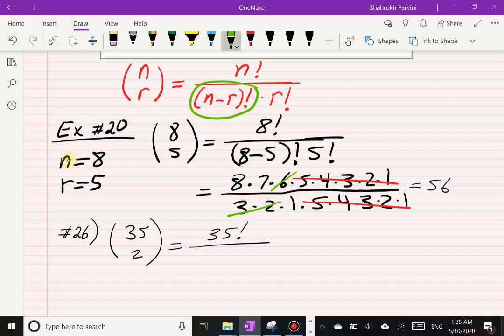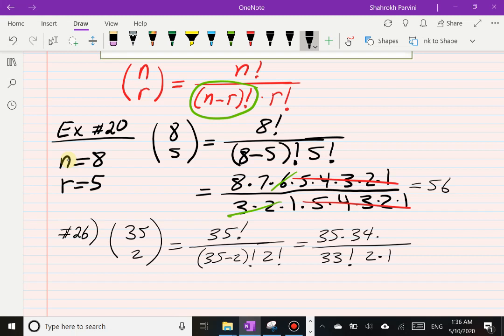So it's in parentheses n minus r, right? That means 35 minus 2 factorial, and r is 2. That's 2 factorial. So the denominator is going to be 35 minus 2, which is 33 factorial, and 2 factorial is 2 times 1. Now in the numerator, I have 35 factorial.